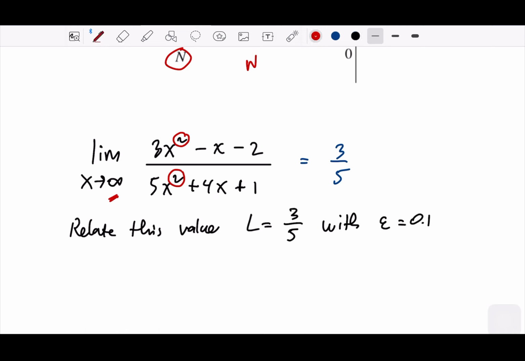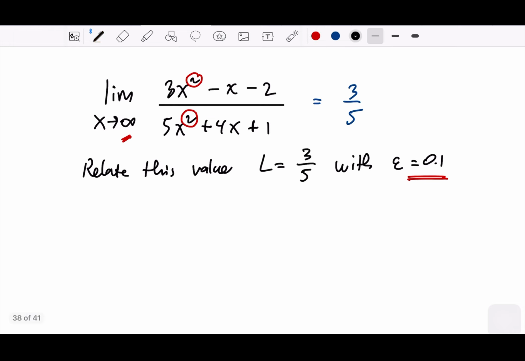Let's say we restrict our epsilon to 0.1, and then we are going to prove that this statement is true. So we start with: if x is greater than N, then we write a function.